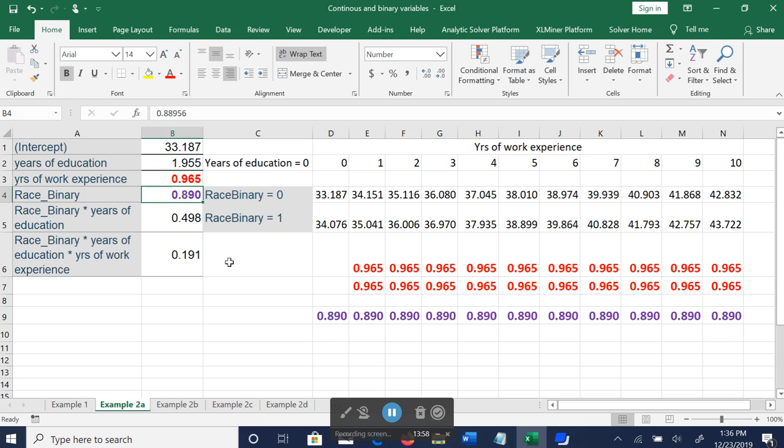And because interaction terms are involved in this equation here, these coefficients no longer refer to those from racial category 1. These coefficients now refer to the racial gaps in income for those with no education, and how the racial gaps in income change with additional years of work experience acquired.